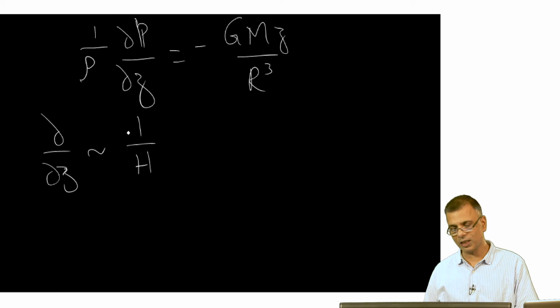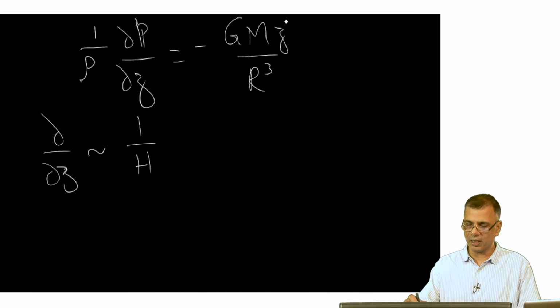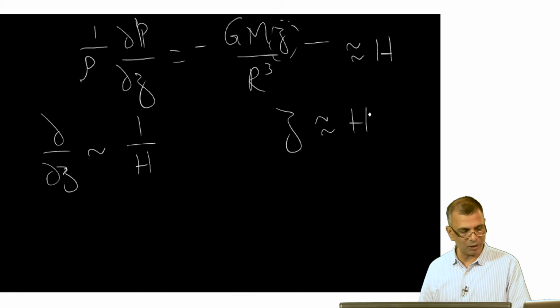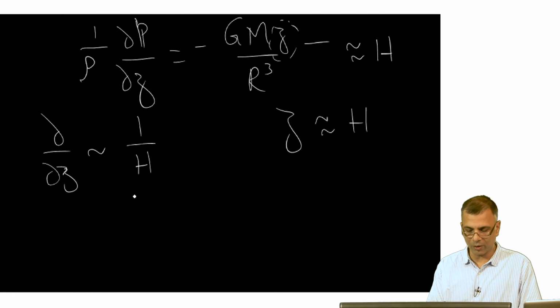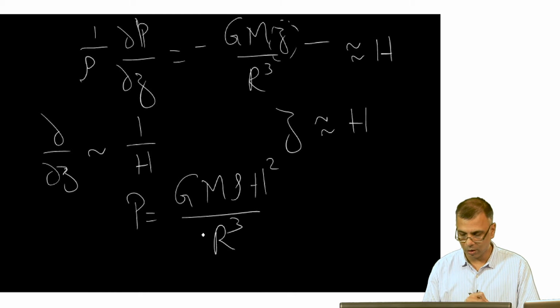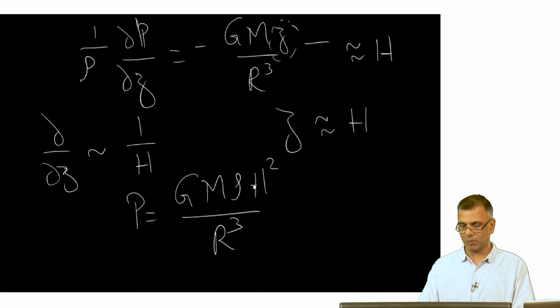So, d over dz can be replaced by 1 over h. And we also say z is approximately h. So, in this spirit of approximation, the vertical momentum equation essentially becomes P equals GM rho h squared over r cubed. And not to despair, this will all become much simpler as we go along.